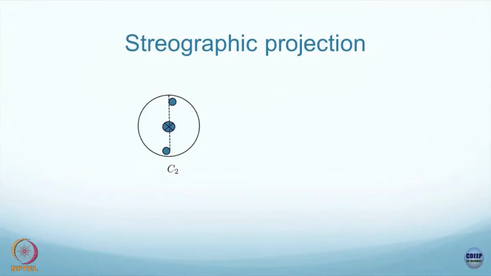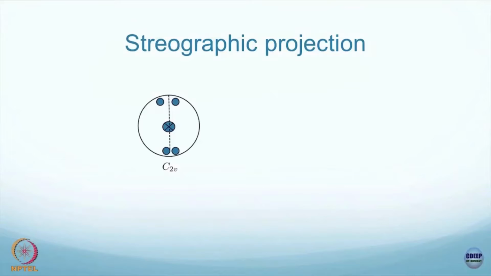Okay. So, the claim is that if there is a molecule with both the atoms at these two positions, C2 will be the symmetry of that molecule with two atoms, and the point group will have two elements also. Okay.